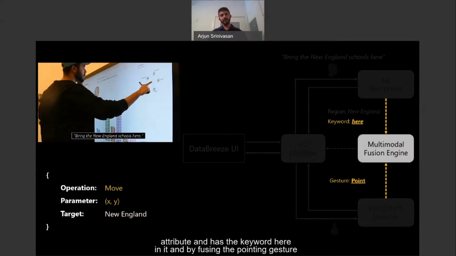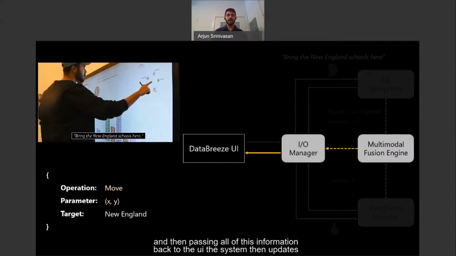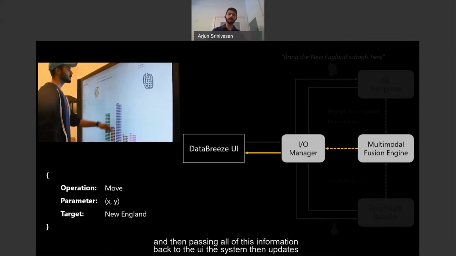And by fusing the pointing gesture with the keyword here, the system is then able to figure out that move is the intended operation and also infers its parameters in the form of the XY positions. And then passing all of this information back to the UI, the system then updates the positions of the points on the canvas.